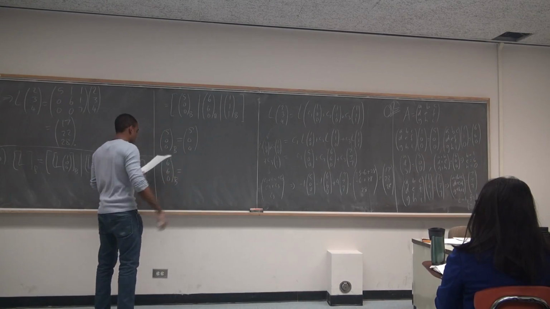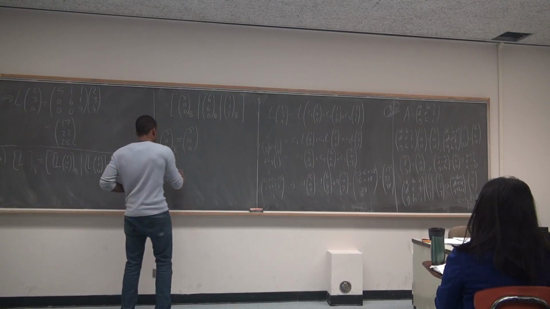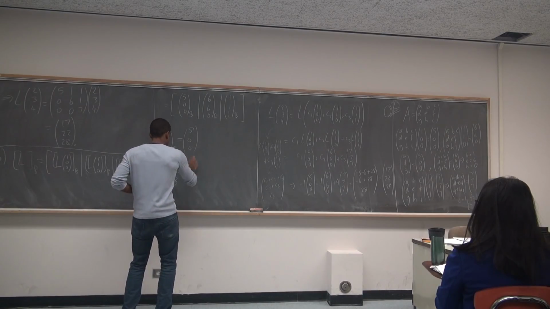You set up the linear combination, you can solve them. This would end up being 0, 6, 0.